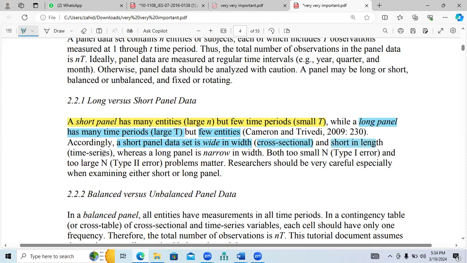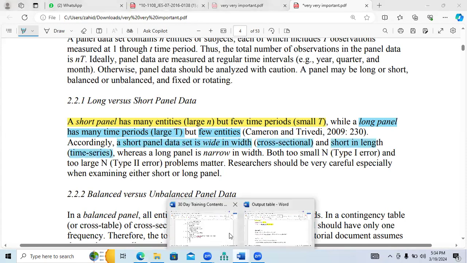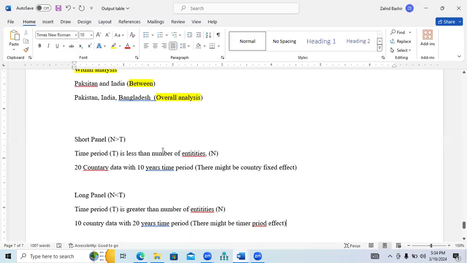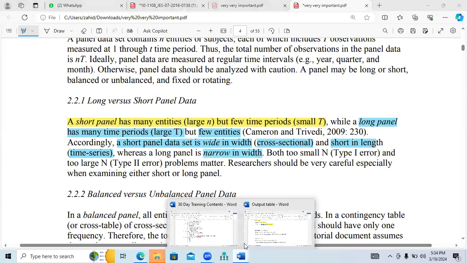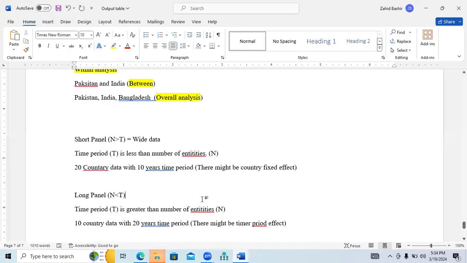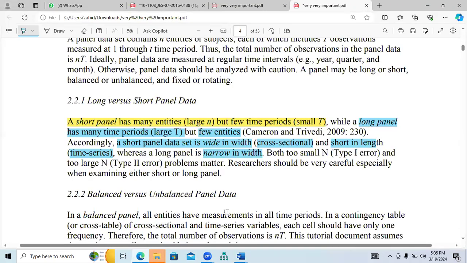So this type of data is also considered wide data. Whereas a long panel is narrow in width, because you have more time periods. So it is narrow data.